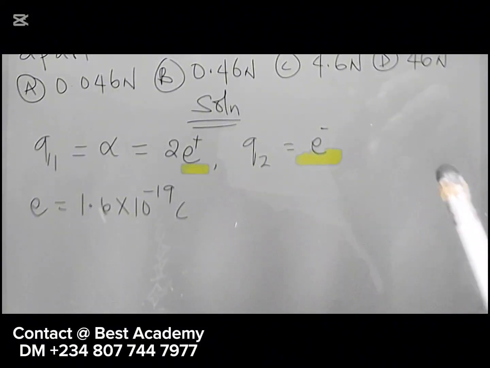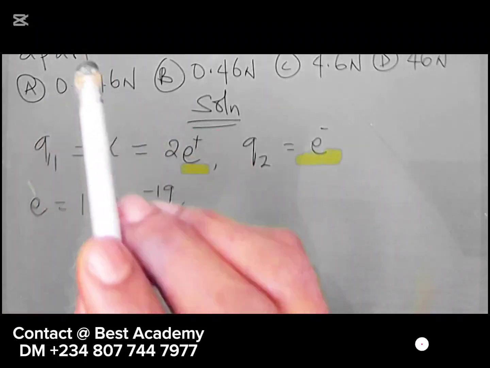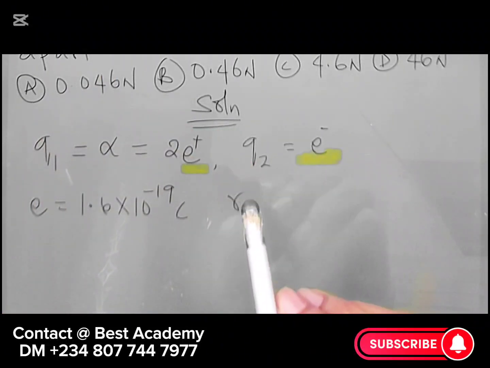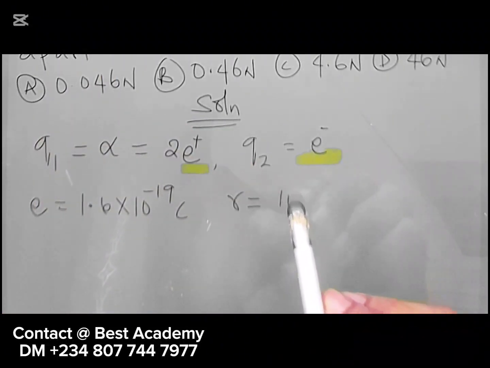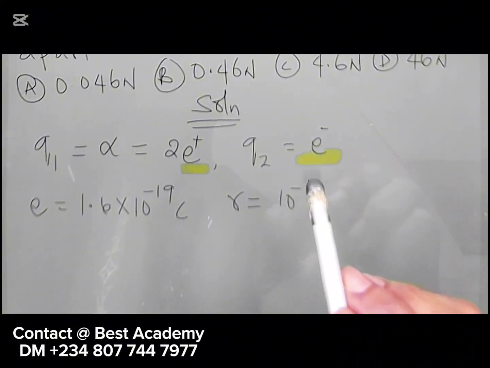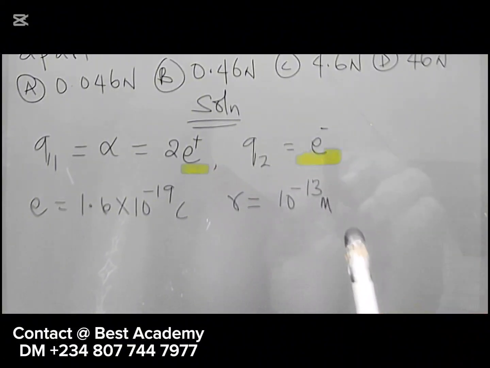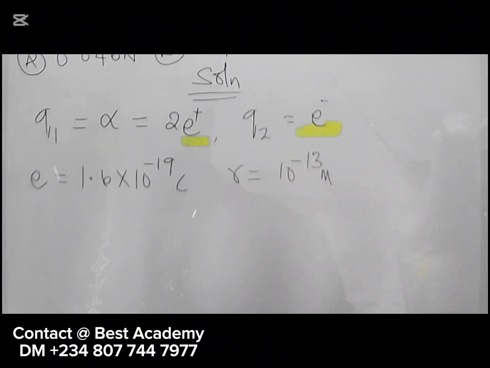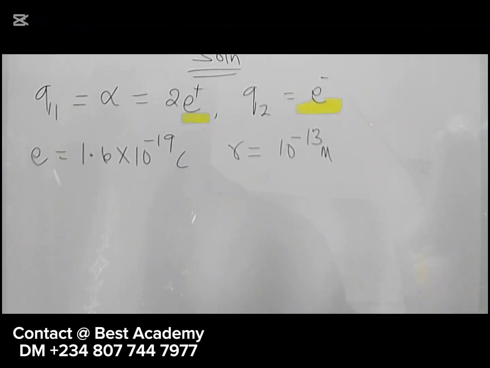Now let's replace r, the distance apart, which is given as 10 to the power of minus 13 meters. Remember that in calculating the force between two charges, we apply Coulomb's law.